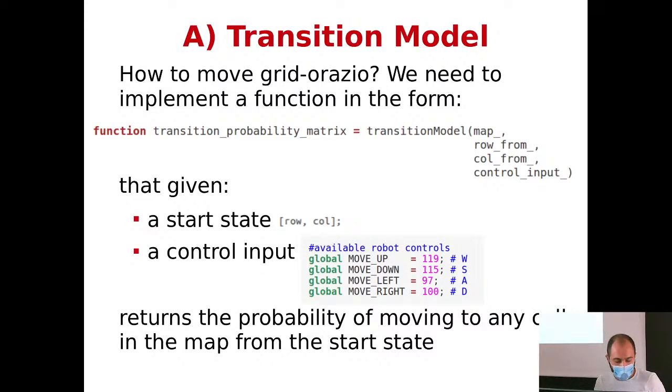You can also use WASD, like in video games, basically. And they are coded by those values. God knows why, but we use it, and that's it. So, given that, we get a transition probability matrix. Now, if you have to guess, what's the size of this matrix?